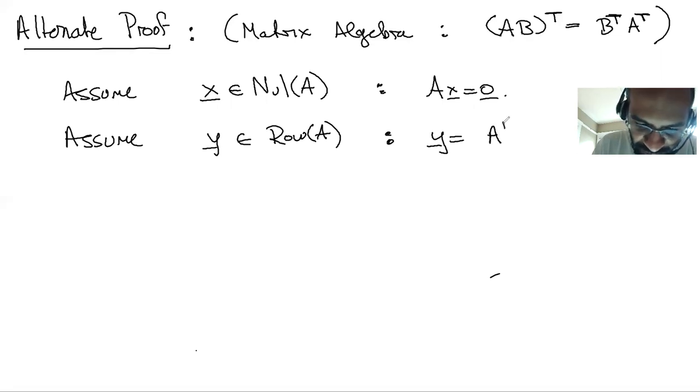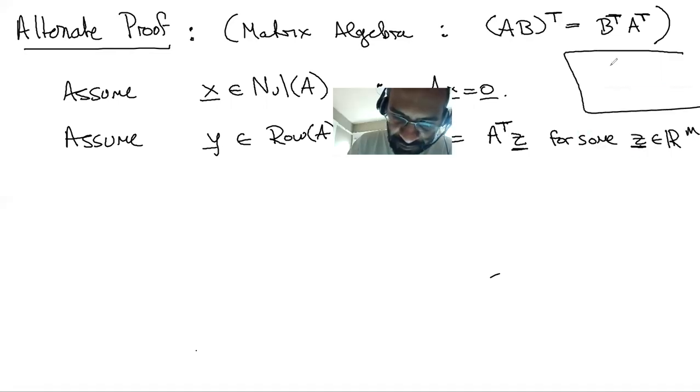So Y is equal to A transpose Z for some Z in R^M, because A transpose is an N by M matrix. So right, A is M by N, A transpose is N by M.